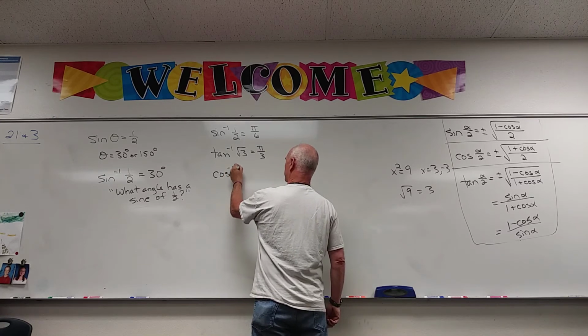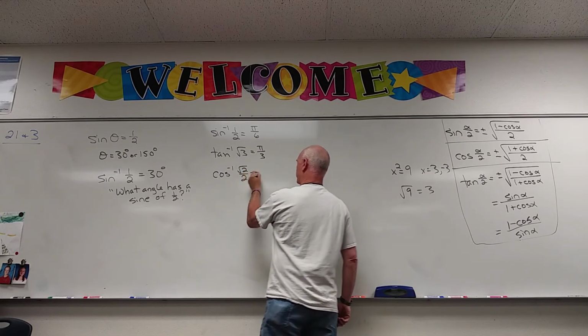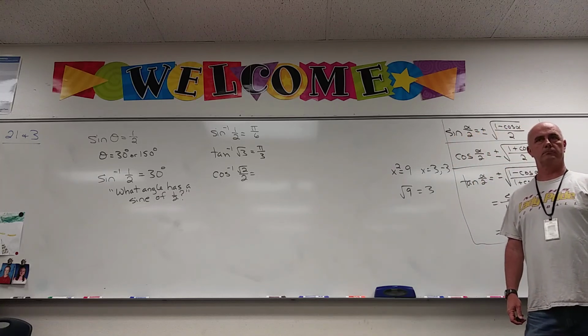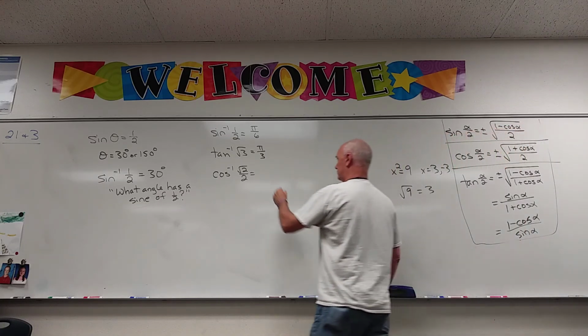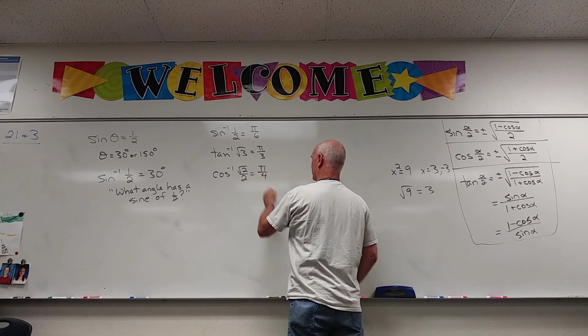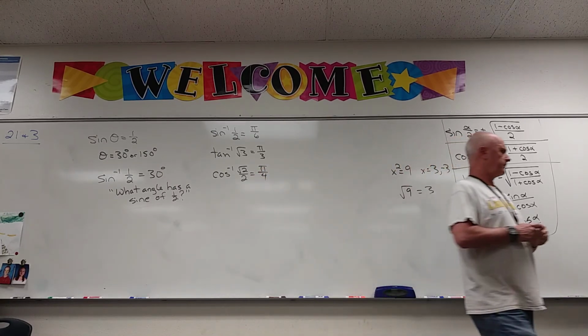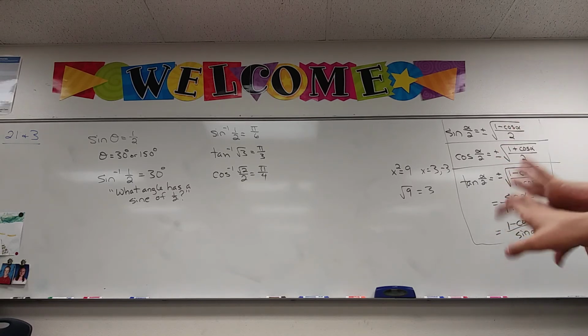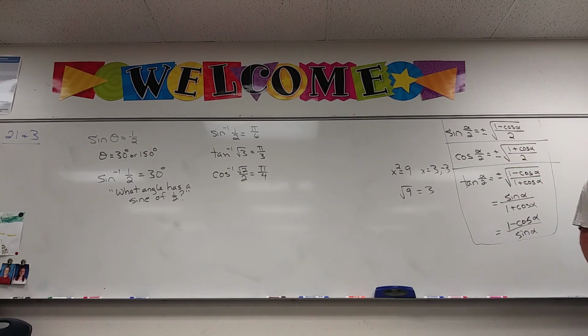What is the inverse cosine of square root of 2 over 2? Pi over 4. All chart stuff, right? So what if it's like inverse cosine of x?